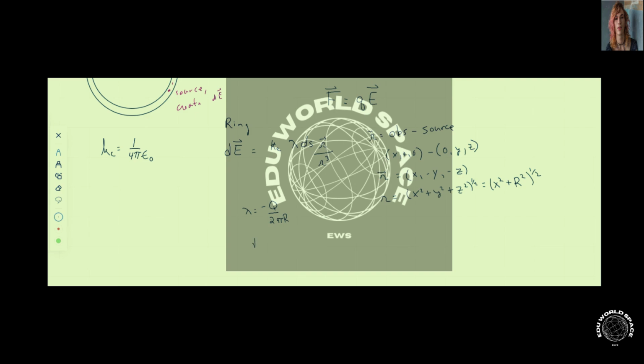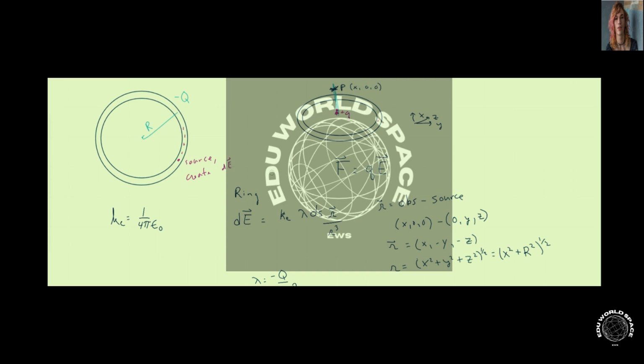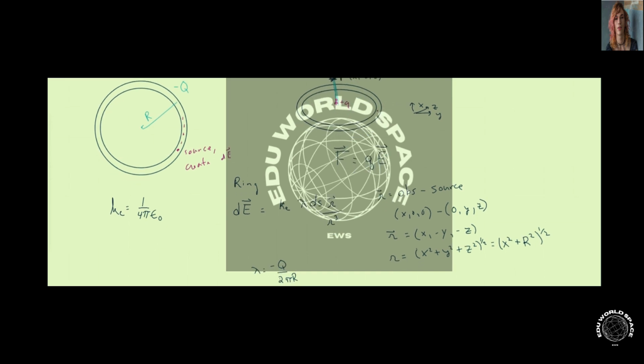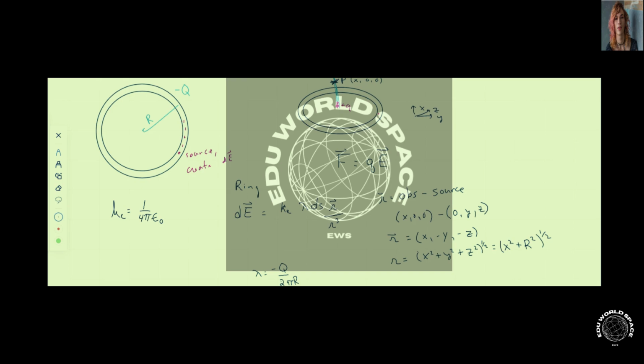And ds is an arc length going around in a circle. And we are assuming only one radius, a very thin ring, with theta going around in the YZ plane, all the way from 0 to 2 pi. Okay, so we can now put all this together.